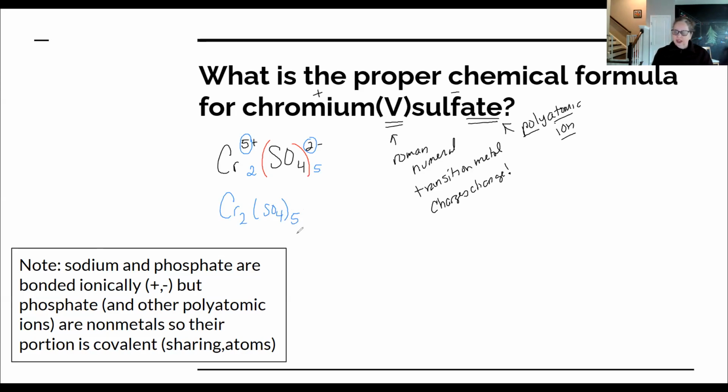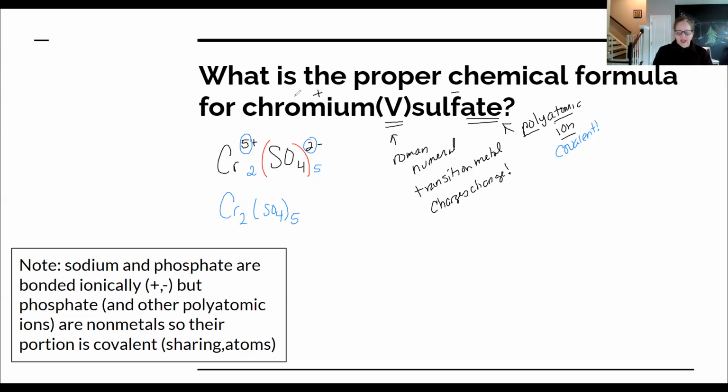Chromium and sulfate combine together with a positive-negative bond. That is ionic. However, sulfate, the actual polyatomic ion, is all nonmetals. So he is covalent. So you can have covalent characters or covalent sections, but still an overall ionic bond.